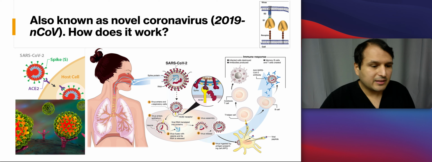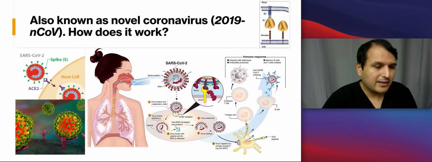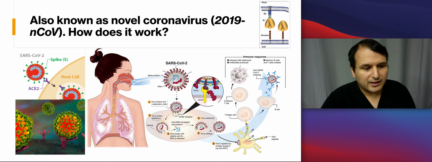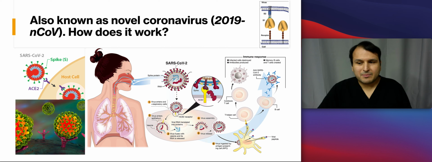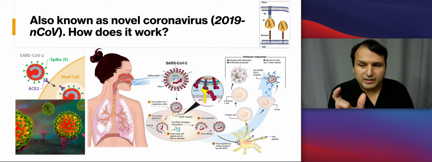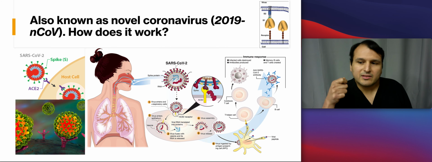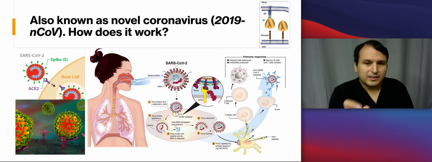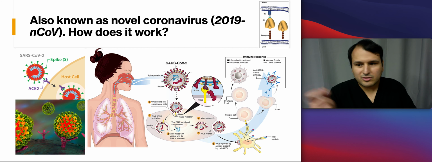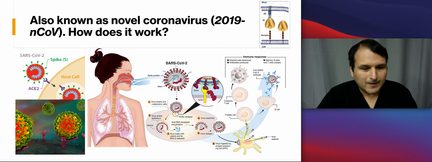Remember, the lock is the ACE2. The key is the spike protein. Just think about the receptor binding domain as being the long portion of the key, not the head of the key, but the long portion. So the long portion is necessary to insert into the lock and turn it. The head of the key is basically just so you can put it around your keychain.